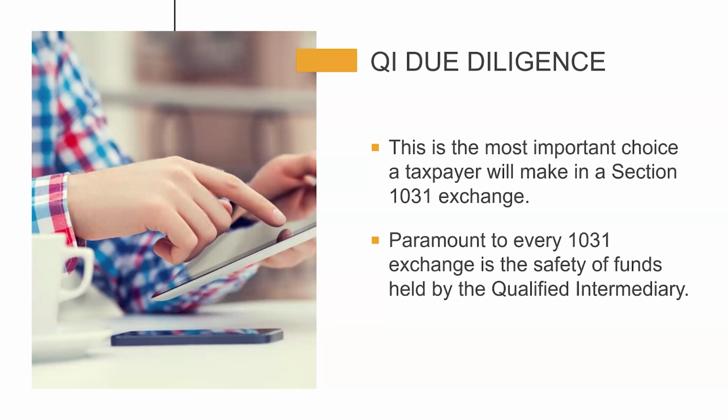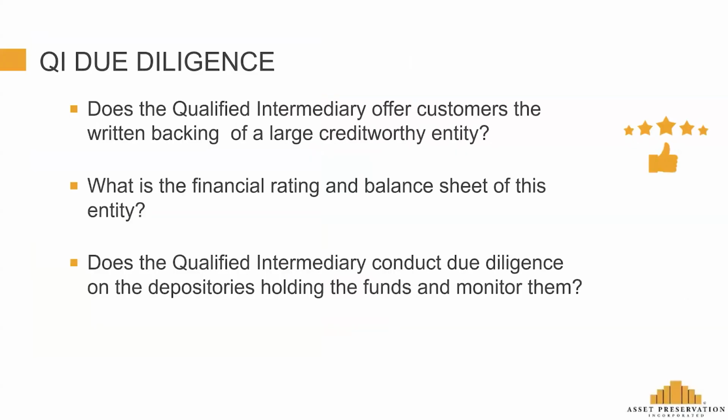So do your due diligence. Things you want to find out: does the qualified intermediary offer customers the backing of a large creditworthy entity? There are qualified intermediaries that are subsidiaries of banks, and subsidiaries of big title insurance companies. We're a subsidiary of Stewart Title, a big title company that's been in business for 120 plus years. You want to look at the financial rating and the balance sheet.